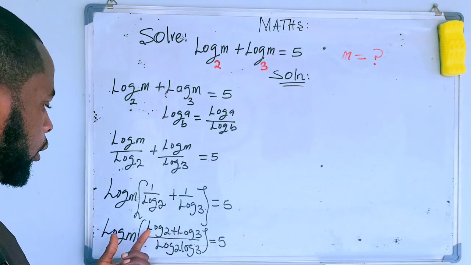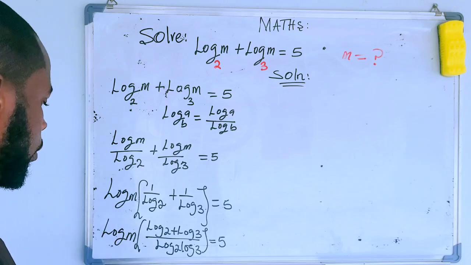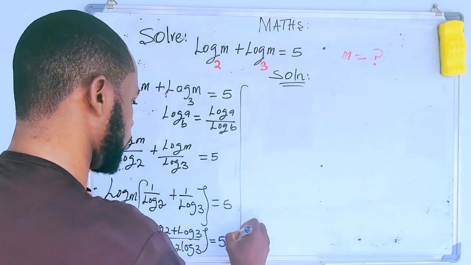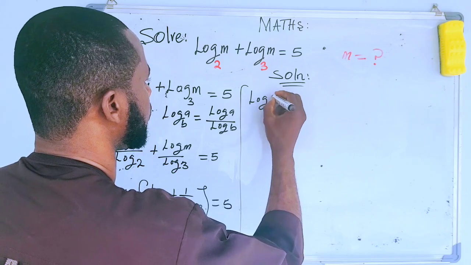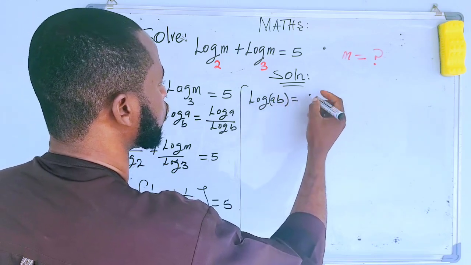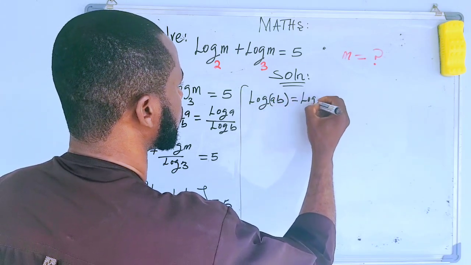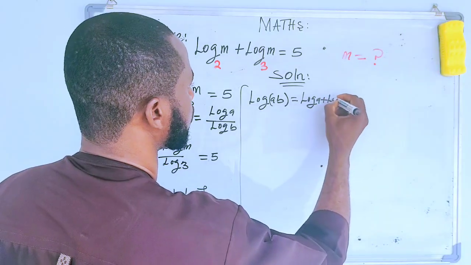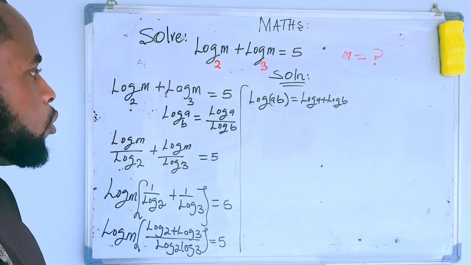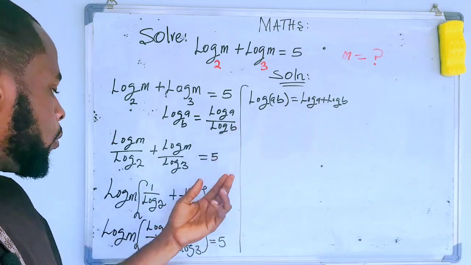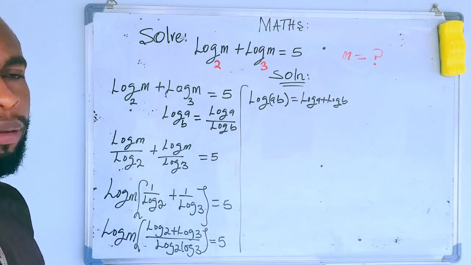In the numerator, recall that log AB is equivalent to log A plus log B. We are going to apply this principle in the numerator.